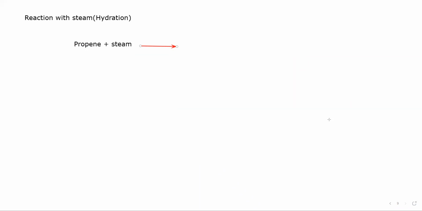Propanol. The double bond will break, so it will not be propenol, it will become propanol. Why propanol, not propenol? Because the double bond breaks and OH is added. If it is butene plus steam, what will be the product? It will be butanol.